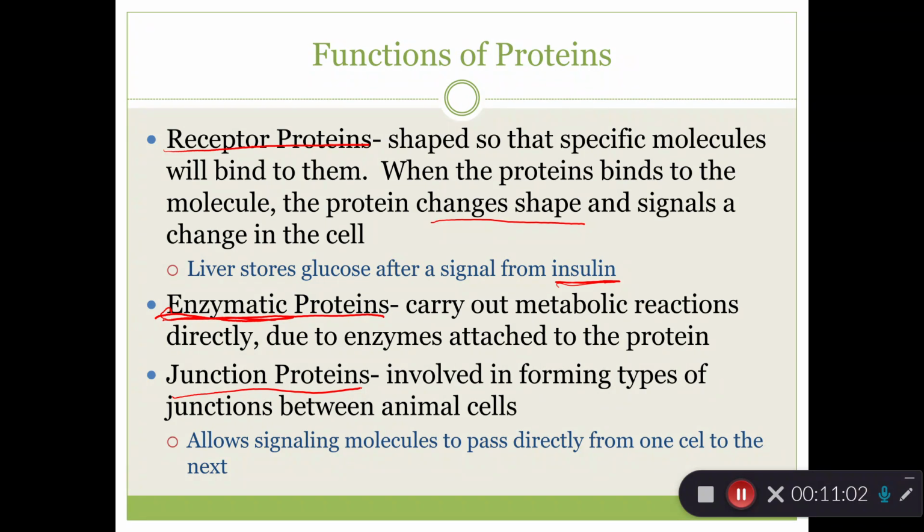This allows signaling molecules. So junction molecules, which I'll show you a picture, will allow, so like here's a cell and here's another cell. They can communicate through these little junctions, little tunnels where they can pass signal molecules from one to the next.